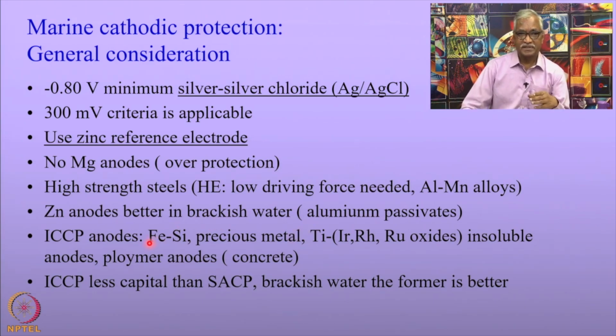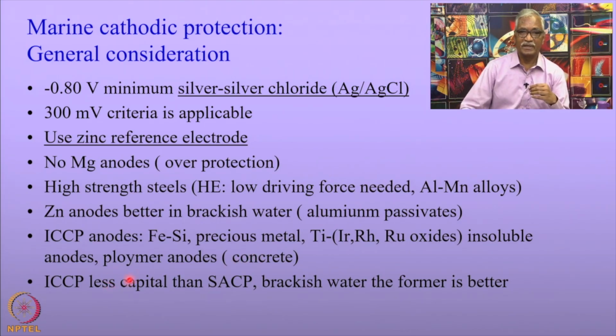For marine structures, both ICCP and sacrificial anode systems are used. If ICCP is used, we have iron silicon, precious metals such as platinum, or titanium insoluble anodes, or even polymer anodes where you have concrete structures.